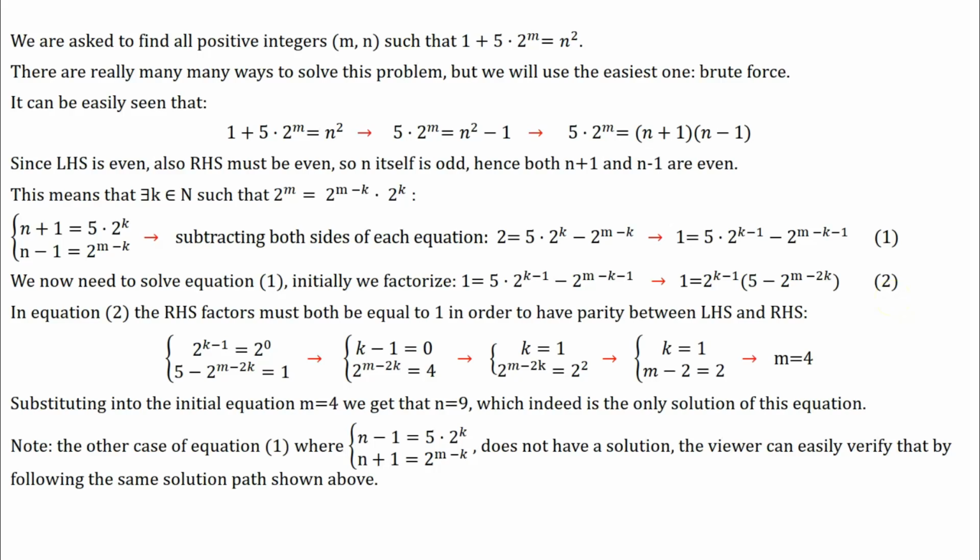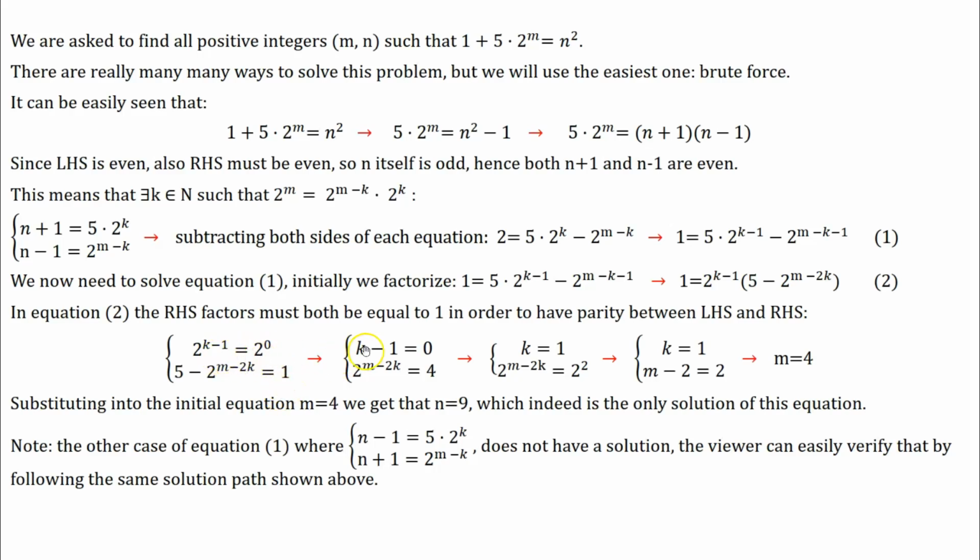In equation number 2, the right hand side factors, given that both of them are natural numbers, must both be equal to 1 in order to have parity between the left hand side and the right hand side. So we get that 2 to the power k minus 1 is equal to 1, or 2 to the power 0, and 5 minus 2 to the power m minus 2k is equal to 1.